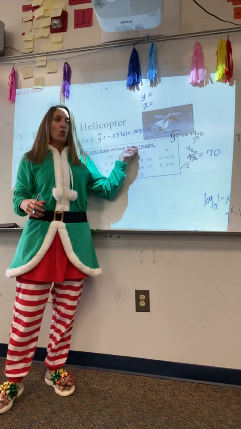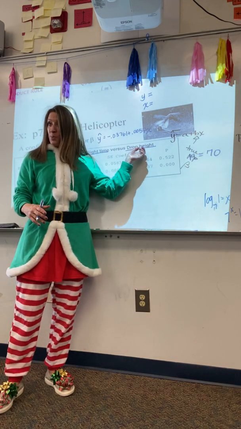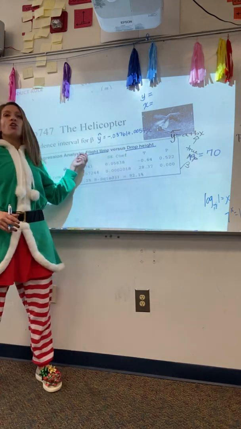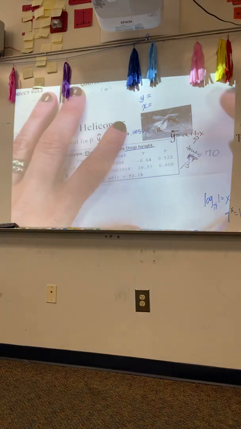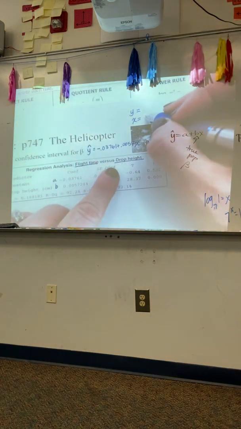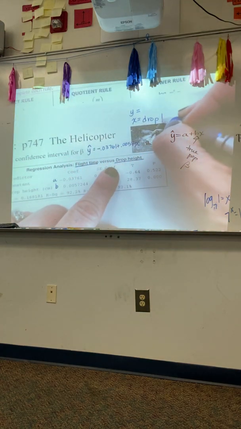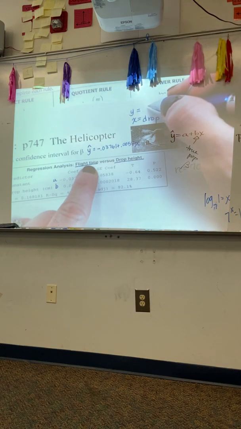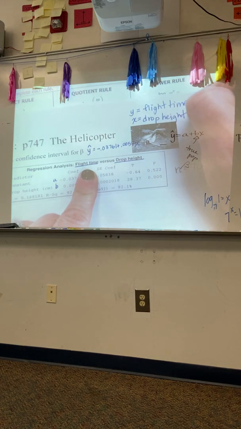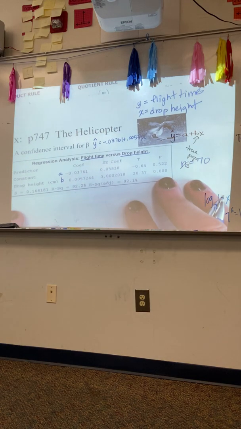Drop height is going to be the explanatory and will explain how long it flies. Are y'all good with that? All right, so I'm just going to write that at top. This is stuff from chapter 3. So I'm going to say drop height is my explanatory. And then flight time is my response. All right, is everybody good?